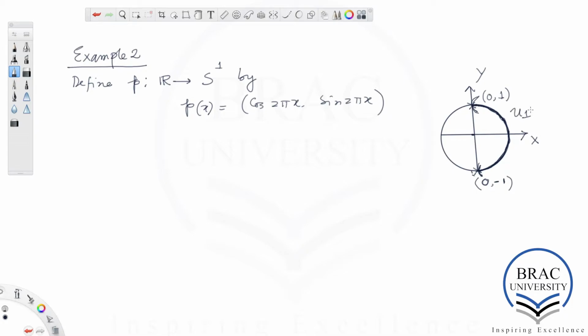The arc intersects the x-axis at the point (1, 0). Good. So now we call this theorem 1 in this example. One needs to prove that P is a covering map.